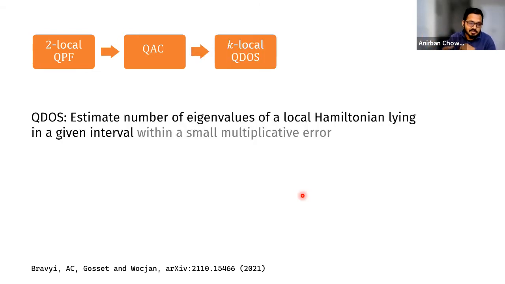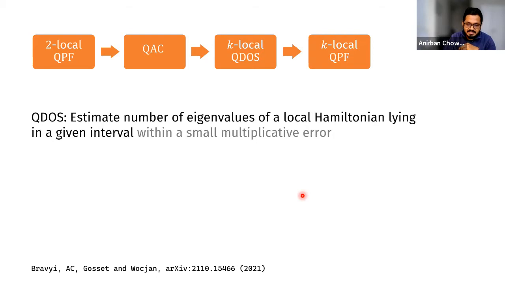Then we define an additional problem, which is also a version of approximate counting. Here we ask, given a local Hamiltonian and some small interval in its possible range of eigenvalues, what is the number of eigenvalues lying in that interval? We call this the quantum density of states. We show that having an oracle for QAC can in fact solve this QDOS problem.